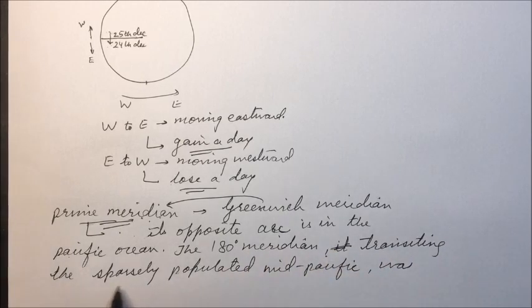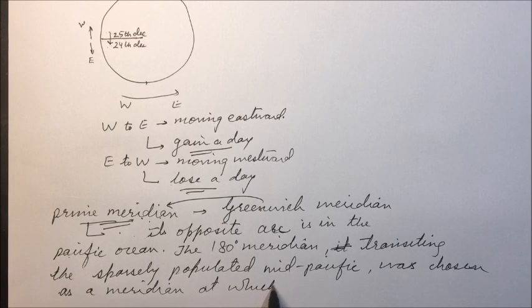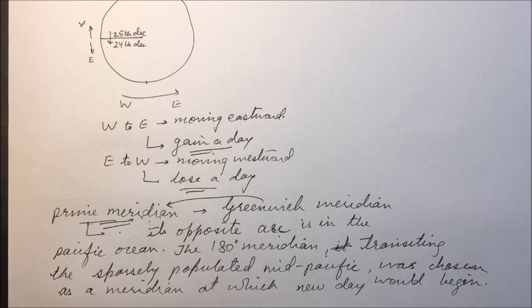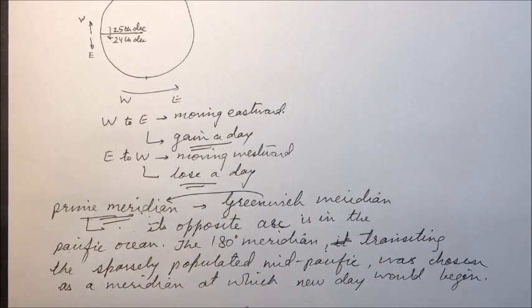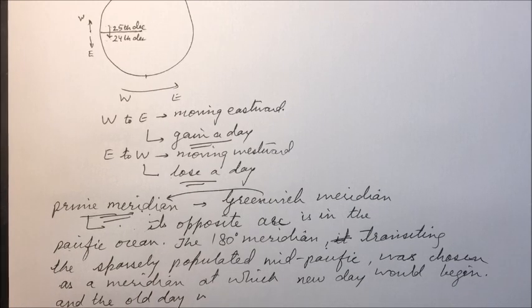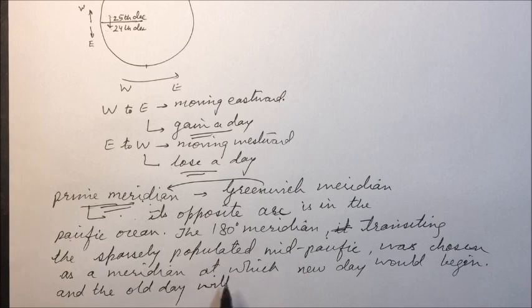So the 180 degrees, the opposite arc to the prime meridian, transiting the sparsely populated mid-Pacific, was chosen as the meridian at which a new day would begin, and the old day will exit from the surface of the earth.